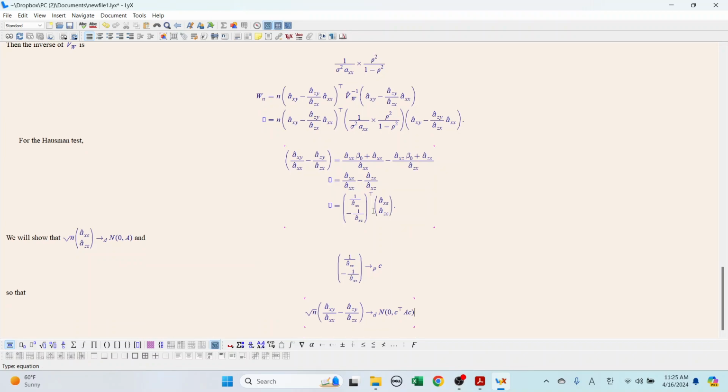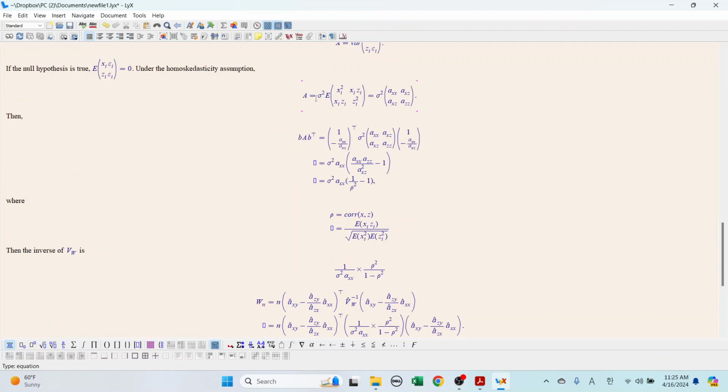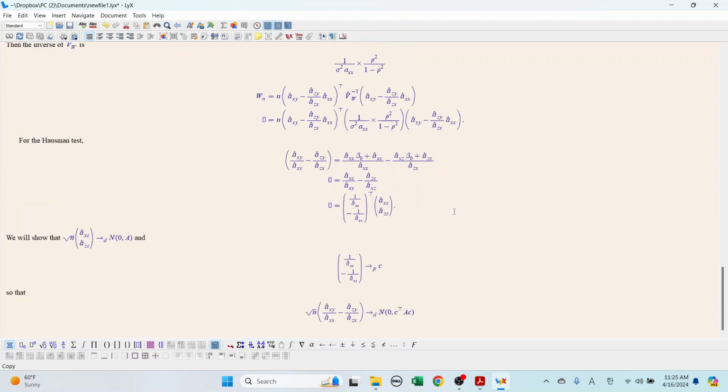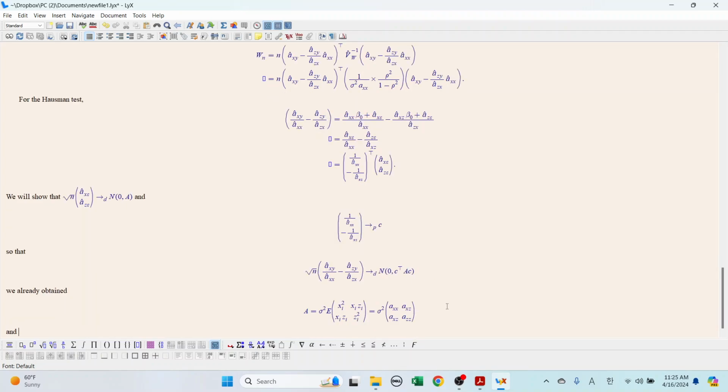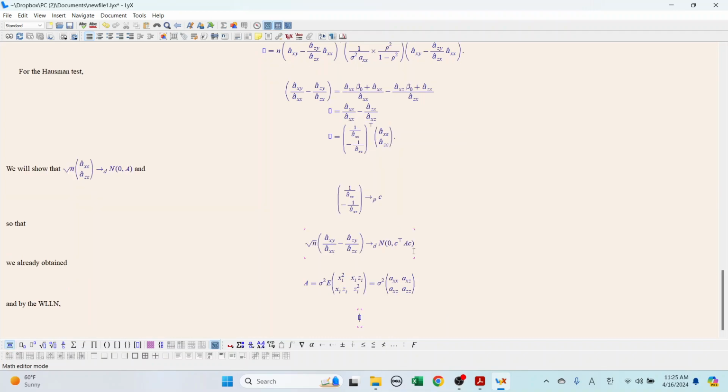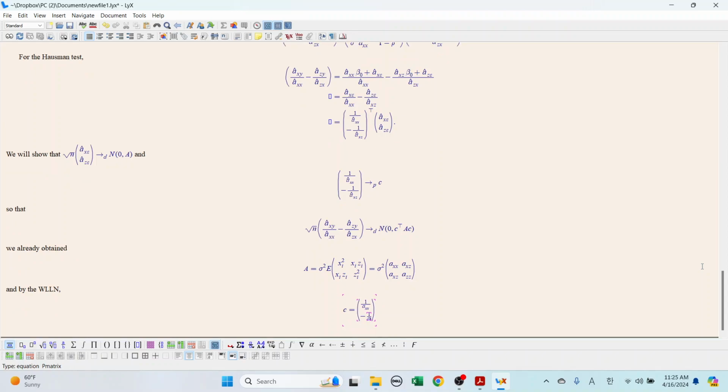And we know A was given here. A is calculated above. We already obtained A, and by the weak law of large numbers, easily, C is simply 1 over AXX as the first element, and second element 1 over AXZ.